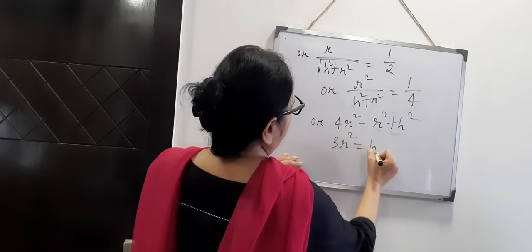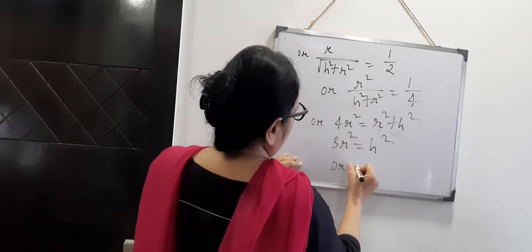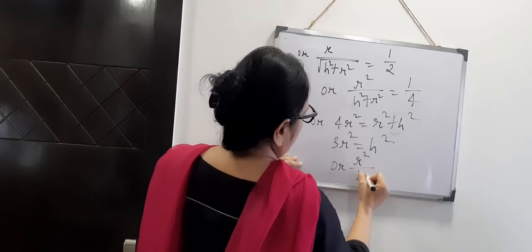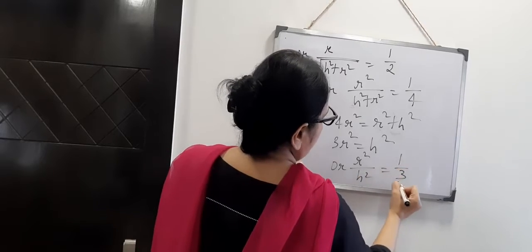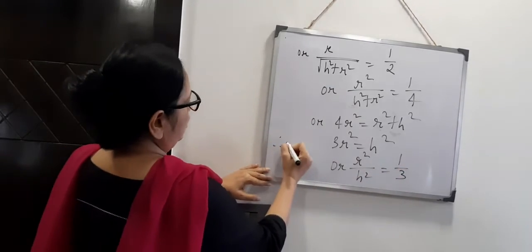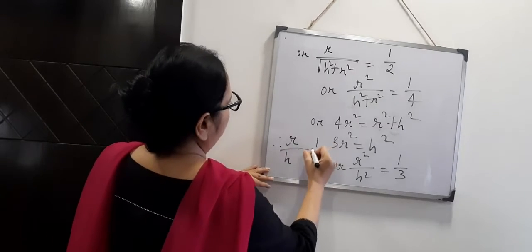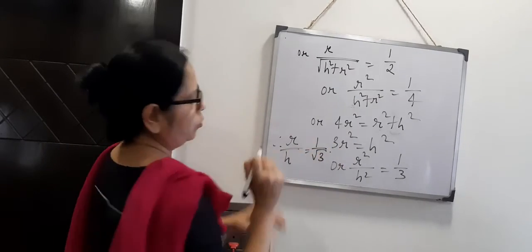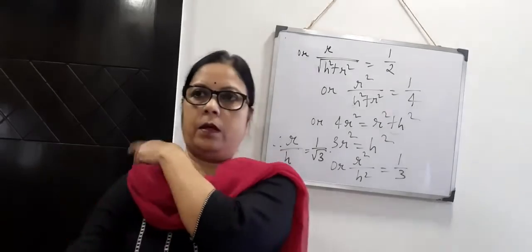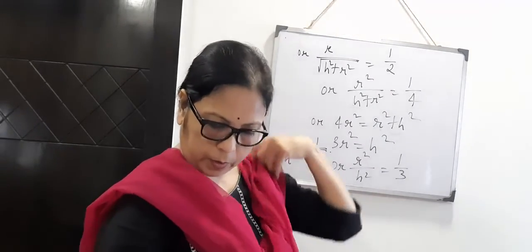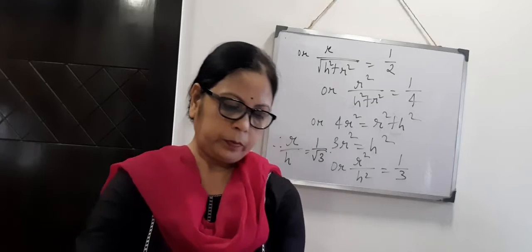Therefore ratio of radius and height is coming 1 by root over 3. This is your answer.